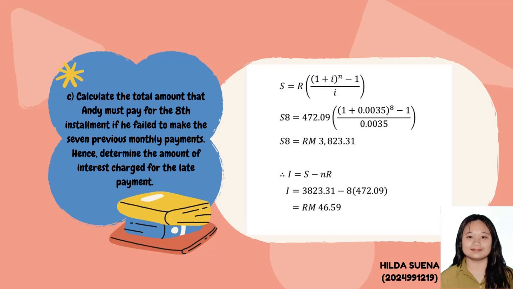S equal to R. R is equal to, from question A before, 472.09 multiplied by 1 plus I, which is 0.0035 power of N. For value N, in here, value N is not equivalent to total number of payments, which is 72.